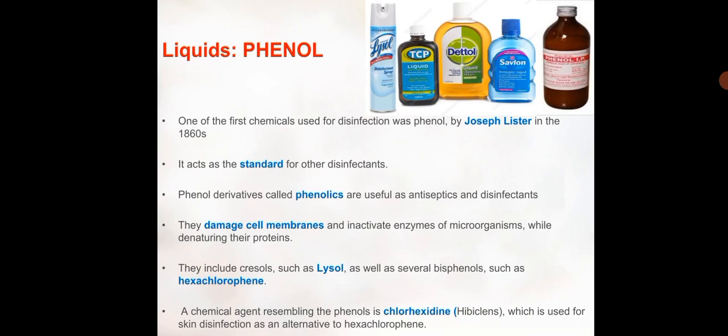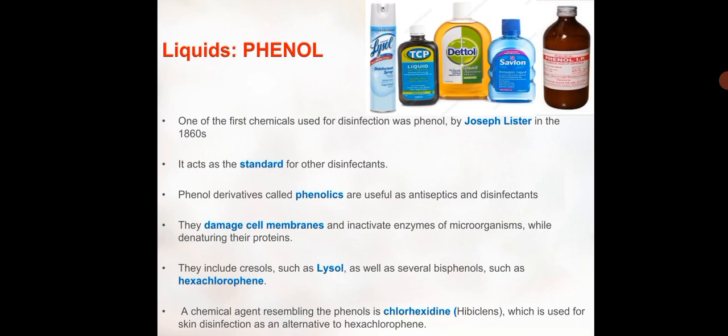Phenol. One of the first chemicals used for disinfection was phenol, by Joseph Lister in the year 1860. It acts as a standard for other disinfectants. Phenol derivatives called phenolics are useful as antiseptics and disinfectants.